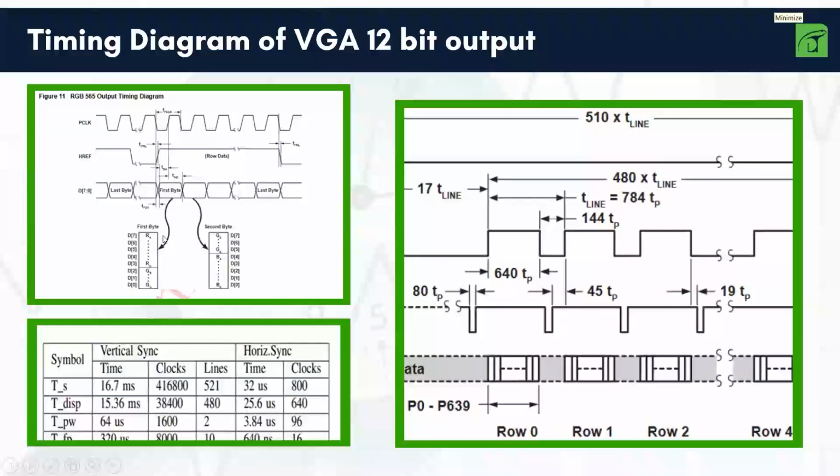The first byte is latched, or received, on the negative edge of the pixel clock. Whenever you receive the edge, you latch and take out the first byte of your data. Once the first byte is received, the red and green components come in the first array. The second byte will contain the green and the blue component.